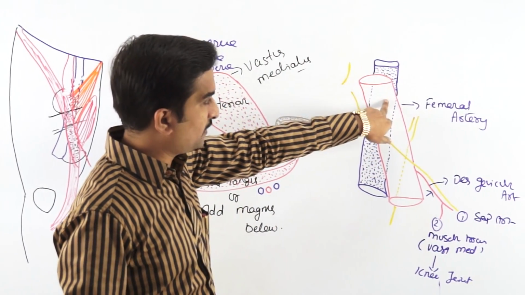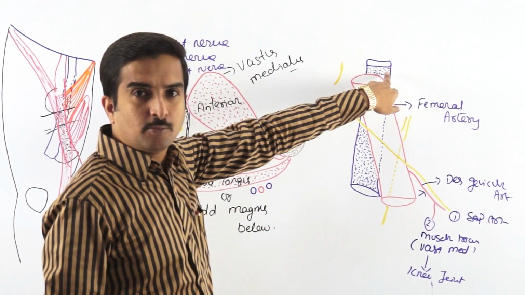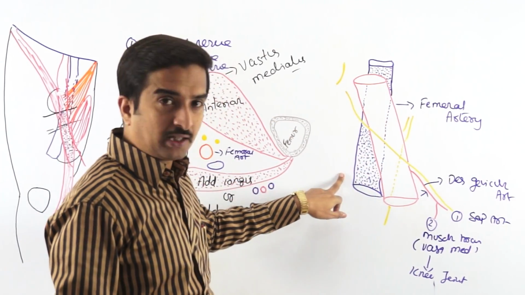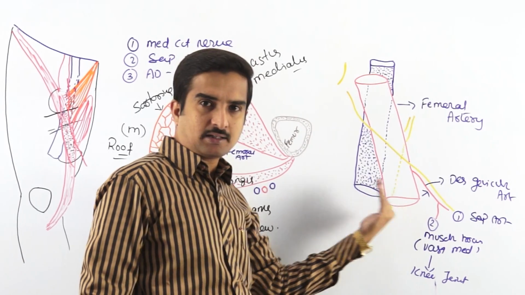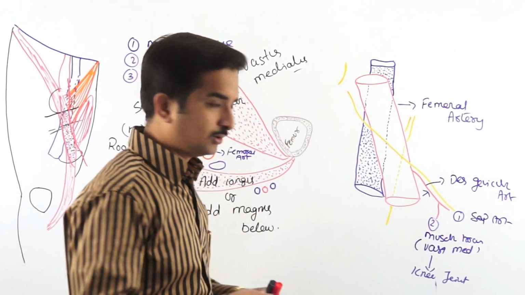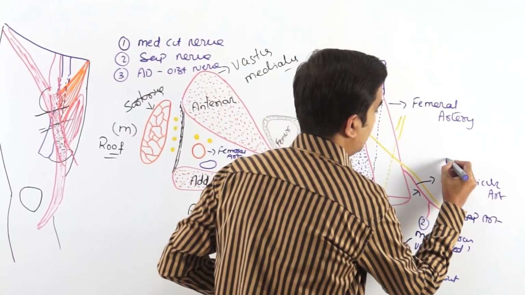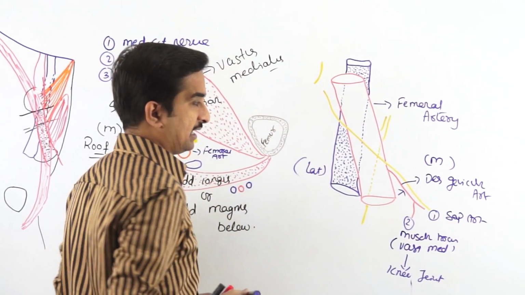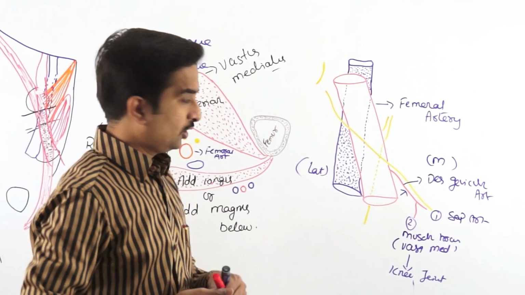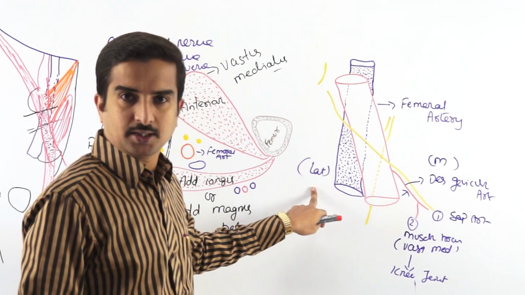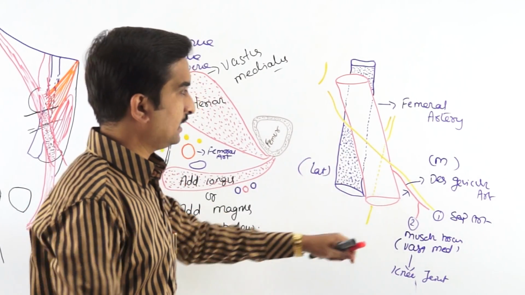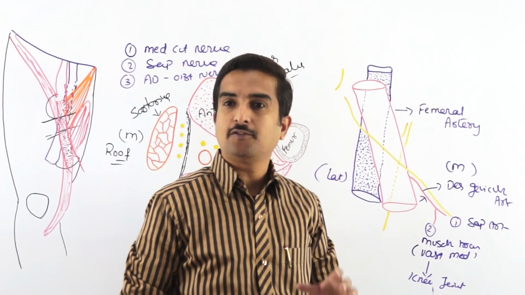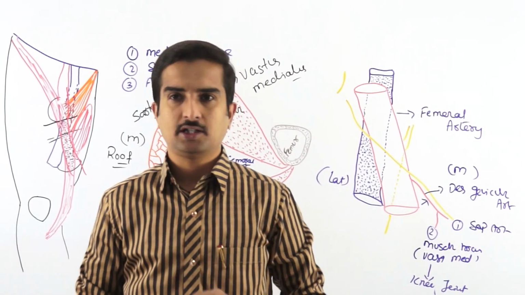In the lower part of the canal, it moves lateral to the artery, right? So this is medially and this is laterally. So this is the relation of the femoral vein with respect to the femoral artery in the adductor canal.